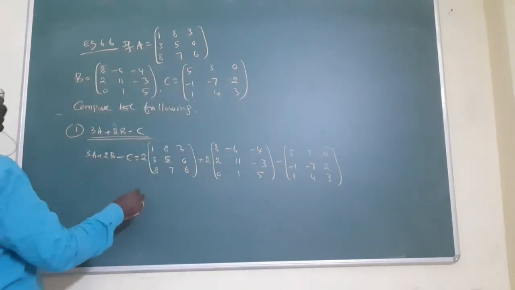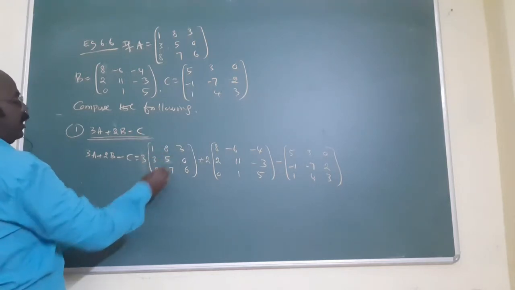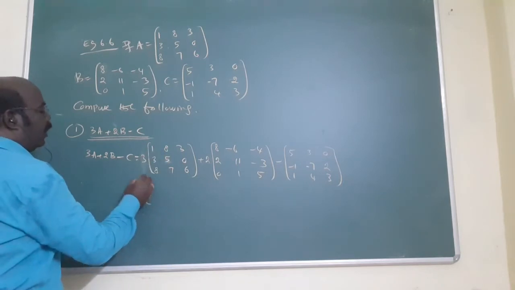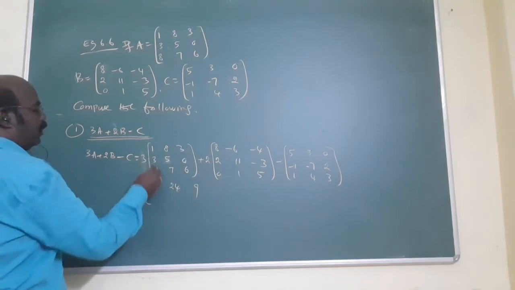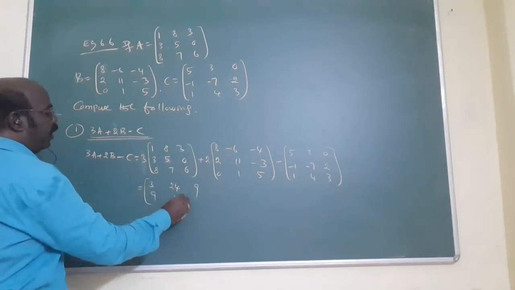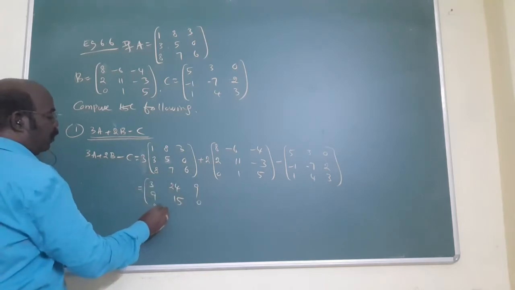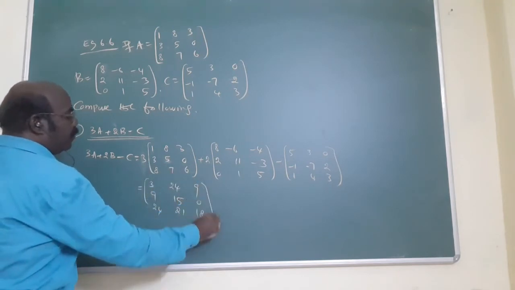Now, the first matrix is multiplied by 3, so 3 into A. All elements are multiplied by 3. 3 ones are 3, 3 8s are 24, 3 3s are 9. 3 3s are 9, 3 5s are 15, 3 into 0, 0. 3 8s are 24, 3 7s are 21, 3 6s are 18.